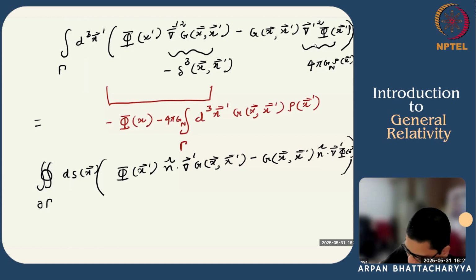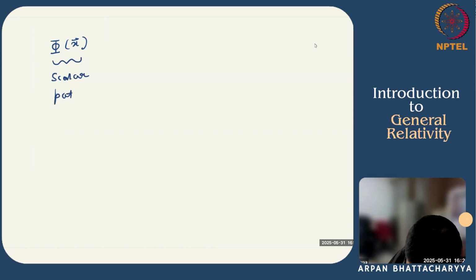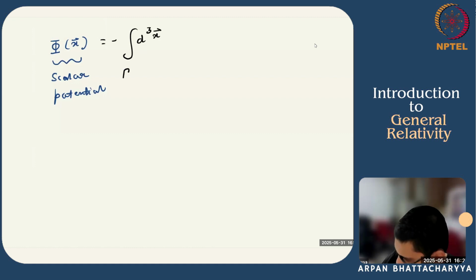So let's write down the final answer. phi at x, the scalar potential that we are trying to solve for, is equal to minus the integral of G times del prime squared phi, x prime.